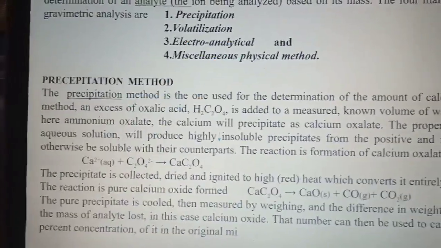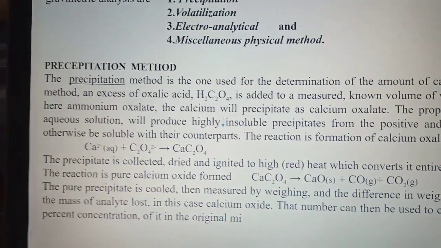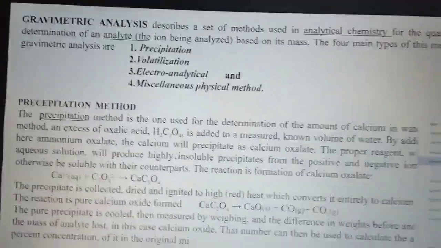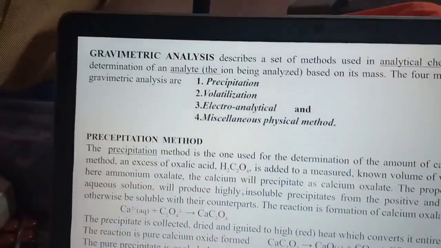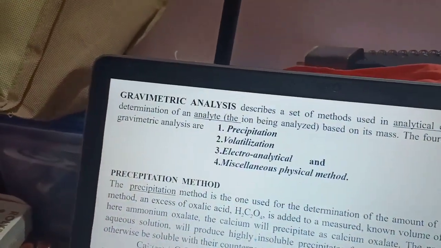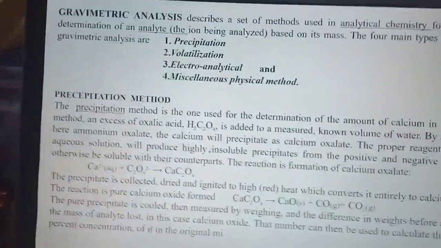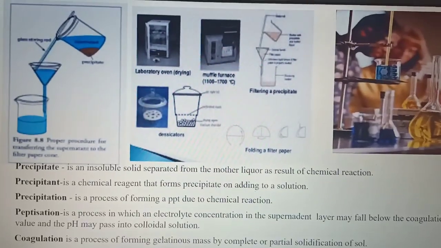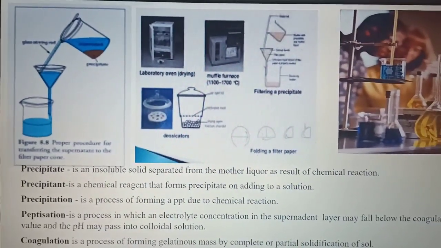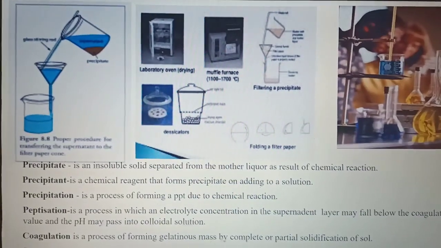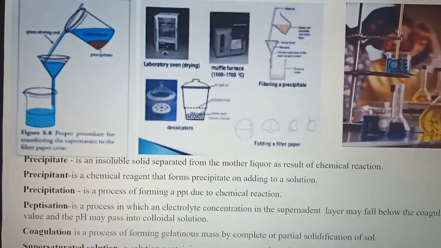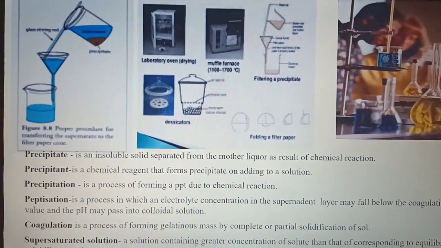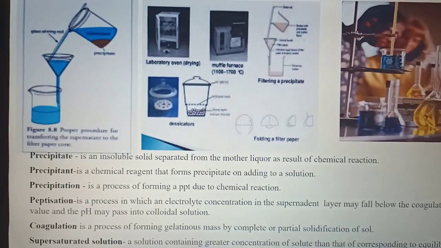Now let us move to the next slide. For this precipitation method, these are some of the equipment needed: a funnel, a set of beakers, a desiccator, and high quality filter paper.